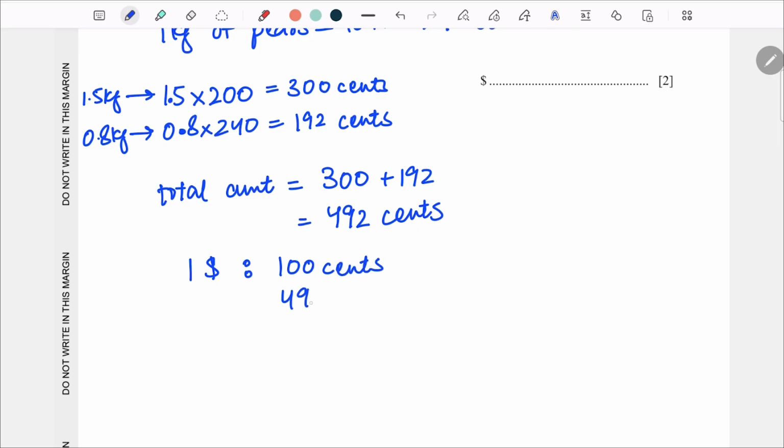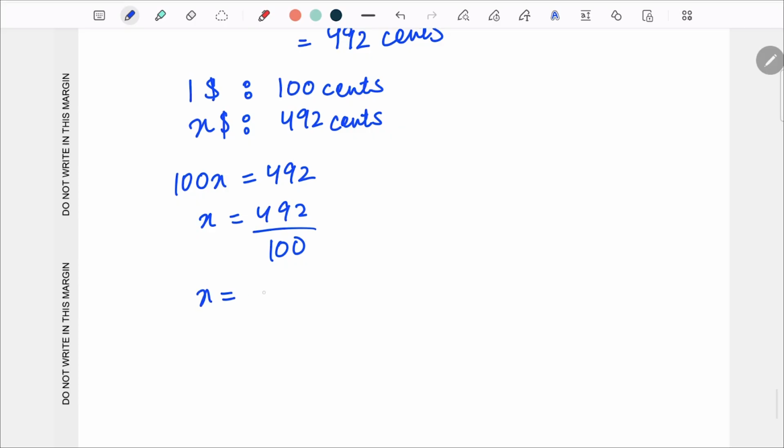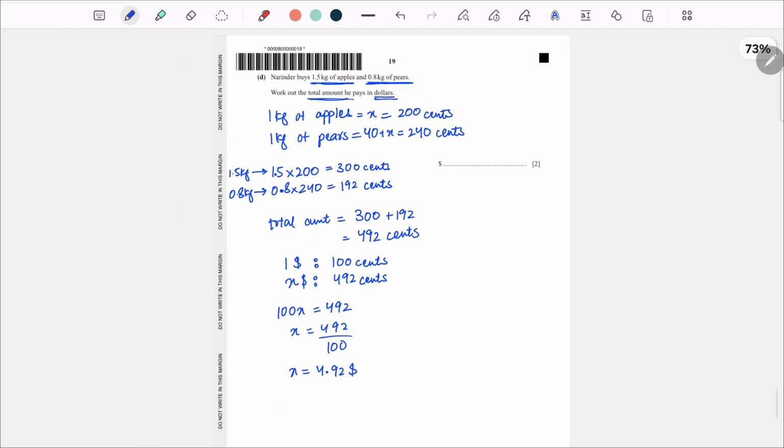So 492 cents are going to be equal to x dollars. In order to find x, I'm going to cross multiply: 100x is equal to 492, so x is equal to 492 divided by 100. And so x is equal to $4.92. And this is the total amount that he pays in dollars. So my final answer will be 4.92.